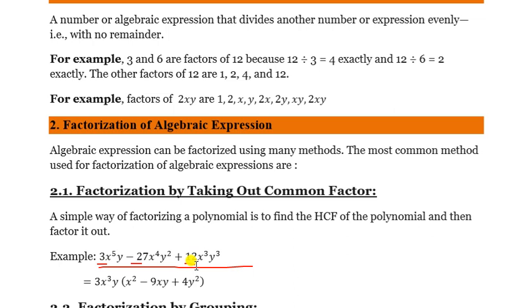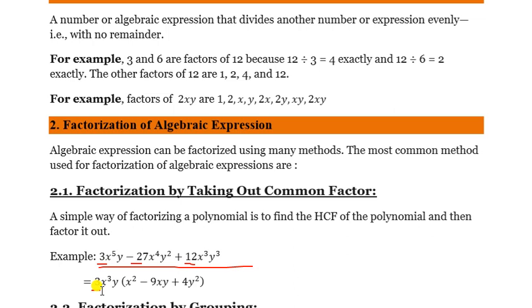Okay, so 3 will be taken common from this expression. So 3 I took. Just try to follow how I am going to take common terms or common factors. Now we are going to our given variables. You will definitely get many kinds of variables with index, that means power. So from all the given variables, you have to find the least power of that variable.